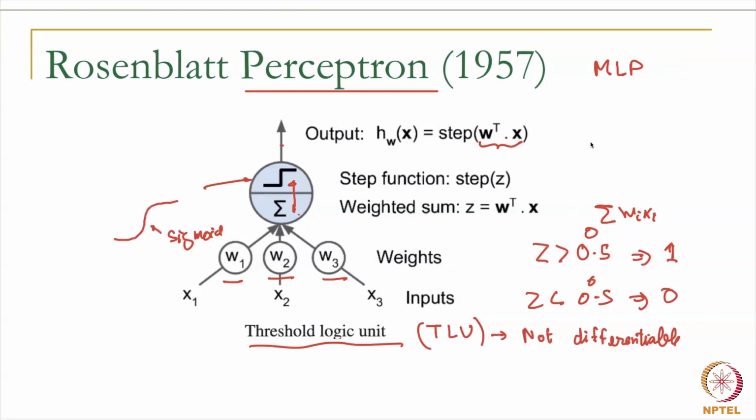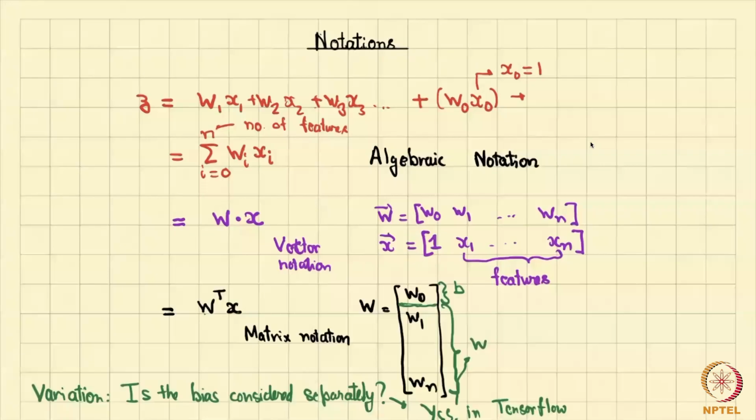So we take output from there and then give feedback, as I showed you in the last video. So this was the Rosenblatt perceptron. It is only putting together a series of Rosenblatt perceptrons that we get the multi-layer perceptron, which we will look at shortly. But before that, here are some notations that we will be using as we go forward.